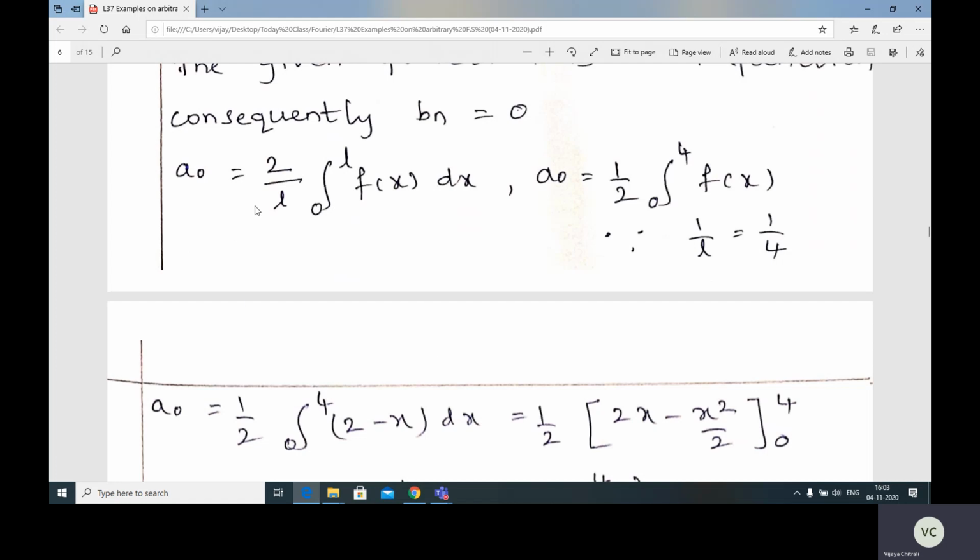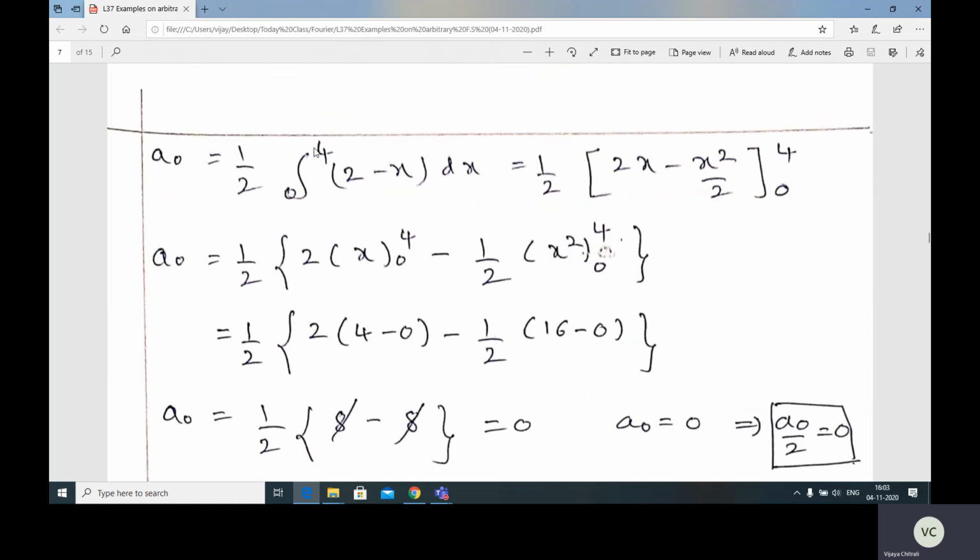a0 = 2/l ∫ from 0 to l f(x) dx. In place of l substitute 4: 2/4, the 2 ones are 2 twos are, so 1/2 ∫ from 0 to 4 f(x) dx. So a0 = 1/2 ∫ from 0 to 4 (2 − x) dx.